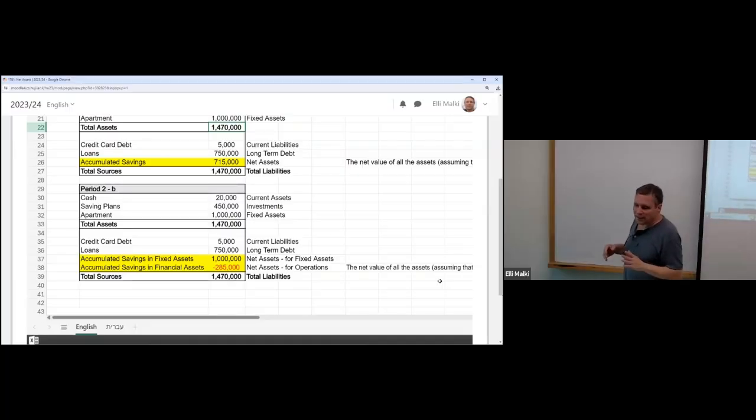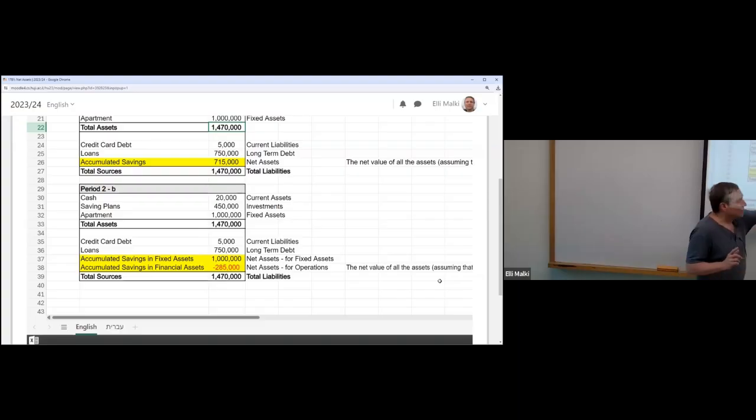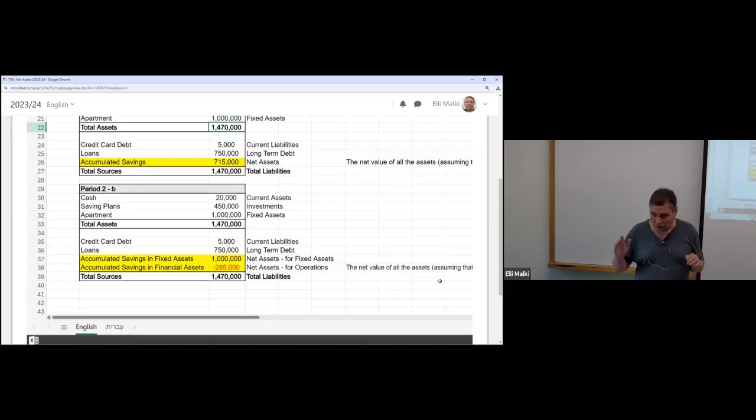But basically what this line of net assets for operation says is that it is the net value of all the assets, assuming that we don't sell the apartment. This is the most important measure of my financial position in the long term, and it is usually referred to, and you will see in the table in the Excel, as my operating reserve.